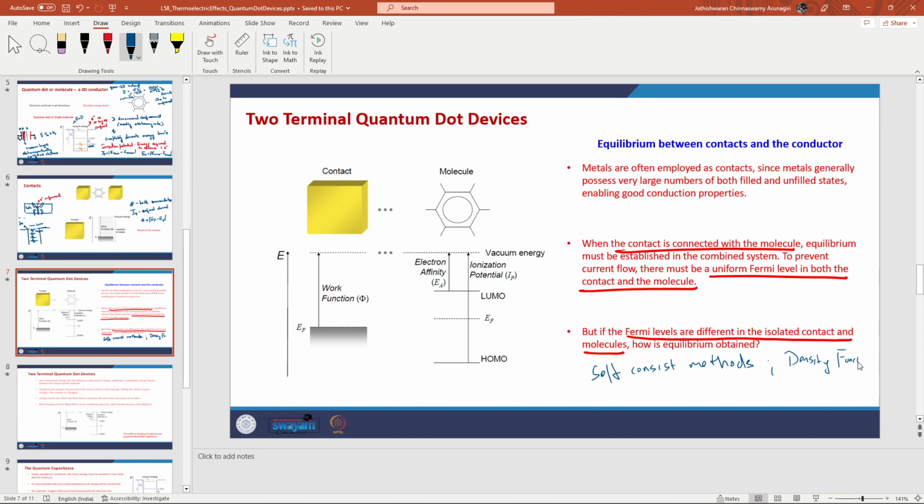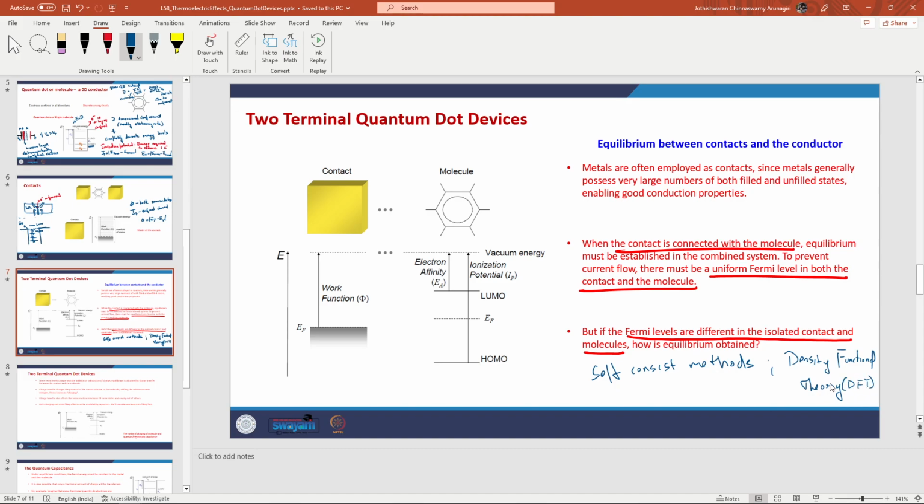Again, these things are beyond the scope of this course, but of course we can always mention what these are. So there is density functional theory, which is a theory that extends the application of quantum mechanics, especially the Schrodinger equation, to these bulk material situations. Density functional theory is sometimes also referred to as DFT.